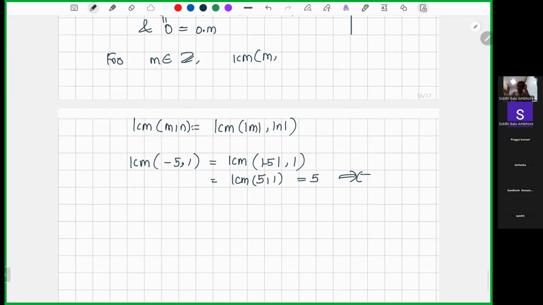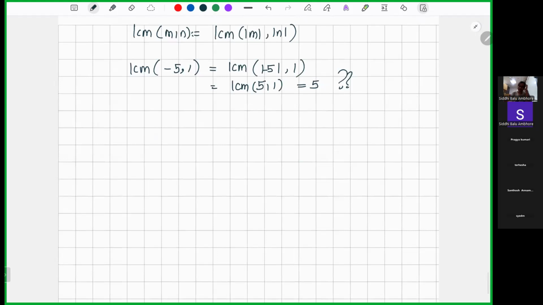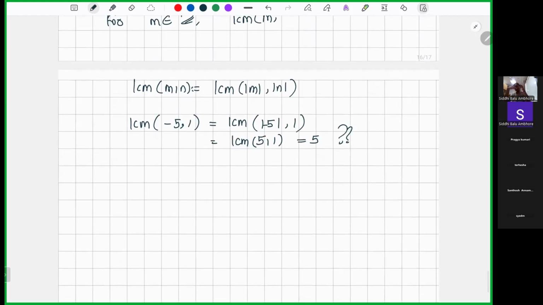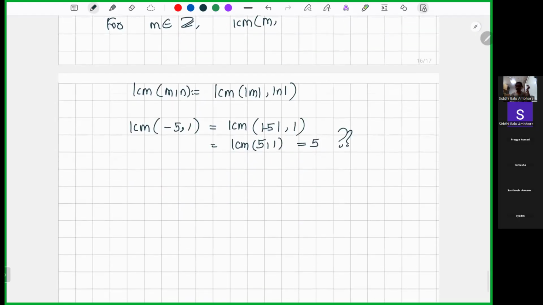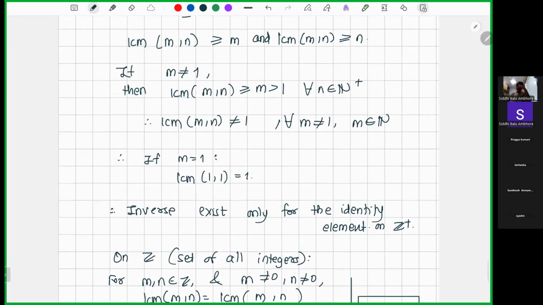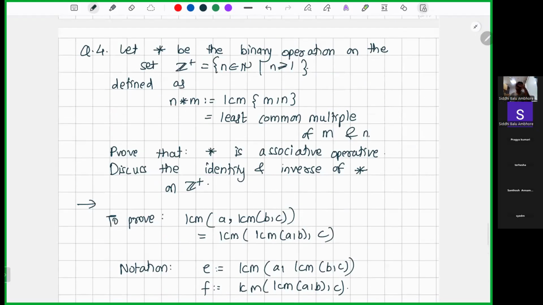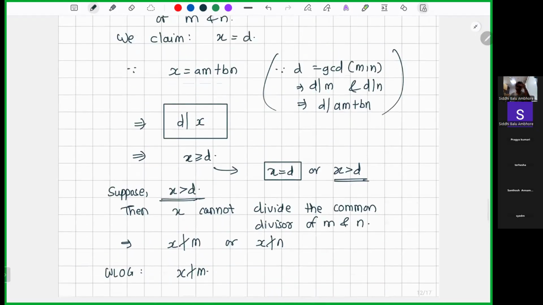And this is not what we call identity. So I think for LCM, we have to take -5 to be just -5. And if that's the case, then the same needs to be true for GCD as well.